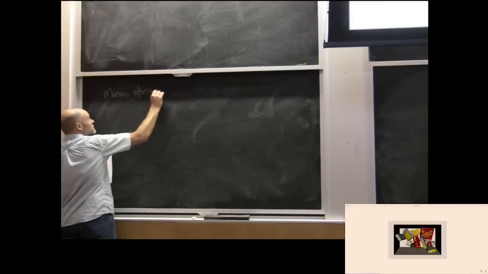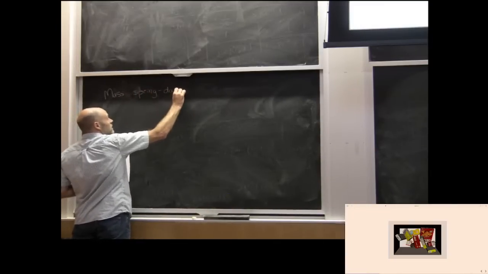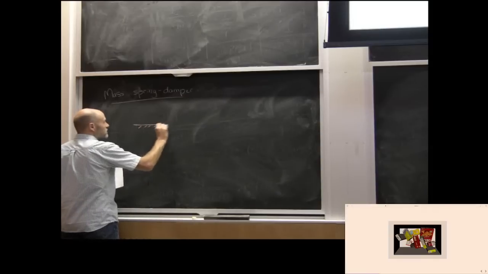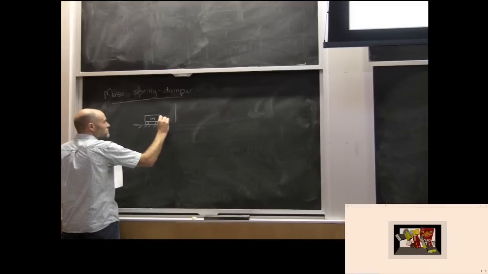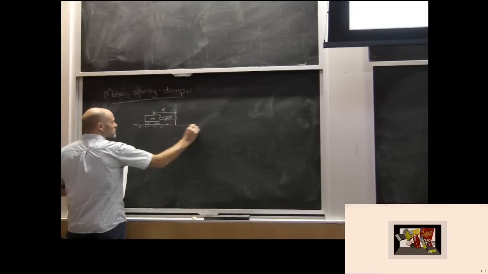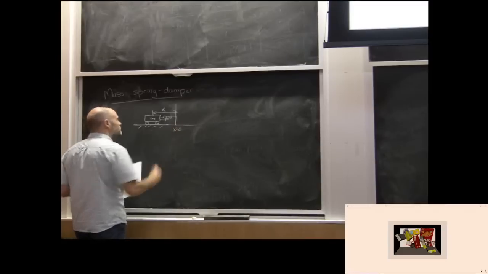This is really your 1803 type system, right? So let's say I've got just a mass. There's no friction to speak of, and I'm going to put a spring on it, and I'll put a damper on it, which we normally draw like that, okay? And this will be its x position, and this is like x equals 0 here.